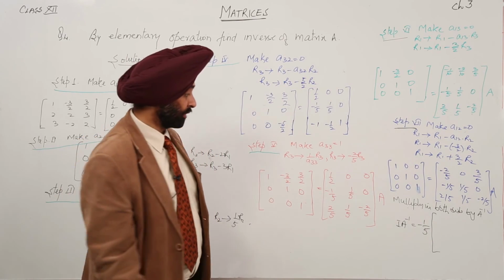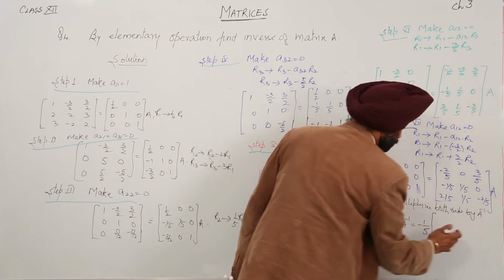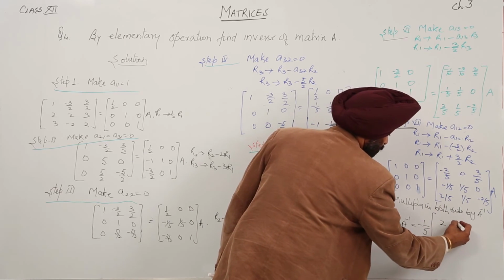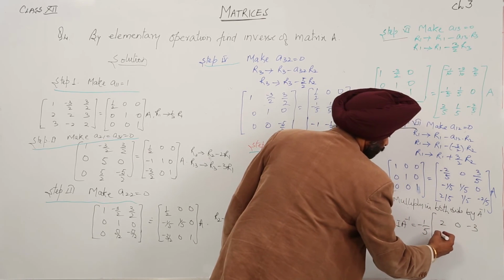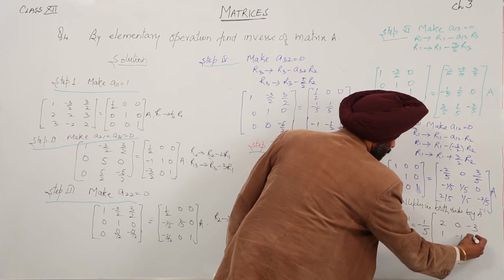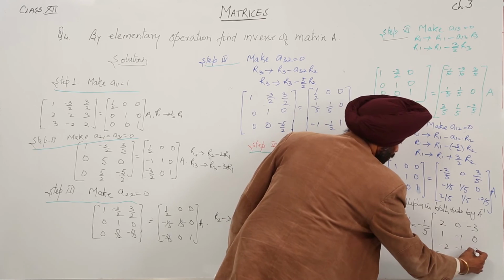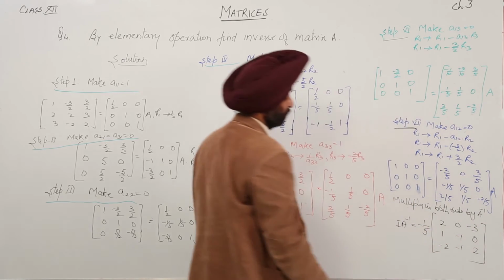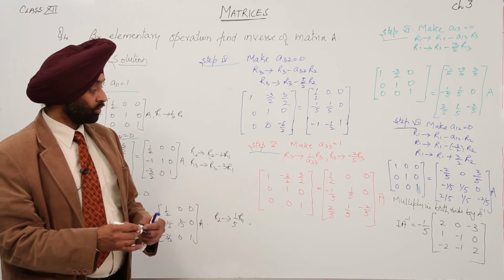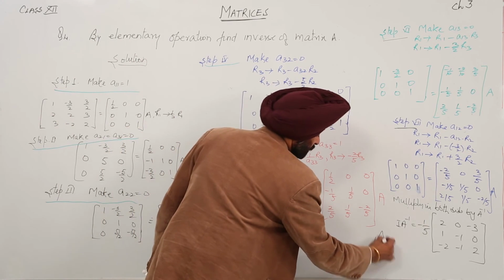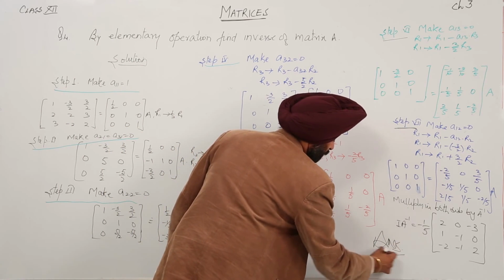Now what is left: 2, 0, minus 3, 1, minus 1, 0, minus 2, minus 1 and 2. So here we got the answer.